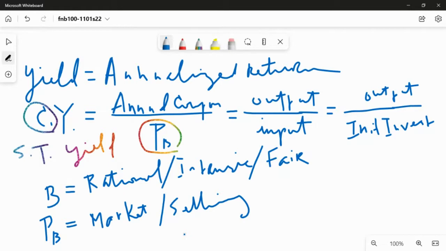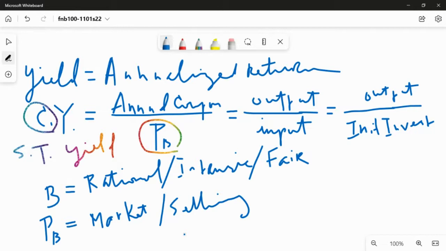Why? Because it's the cash flow. The cash flow expected from the bond is quite obvious. There's nothing unexpected, or nothing unknown. Cash flow from the bond is coupon payment. What else can it be?